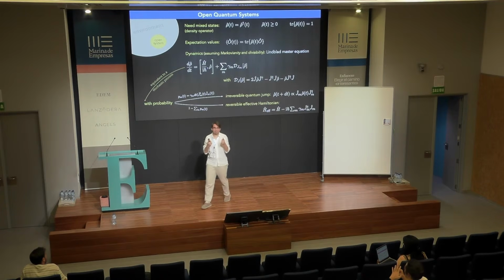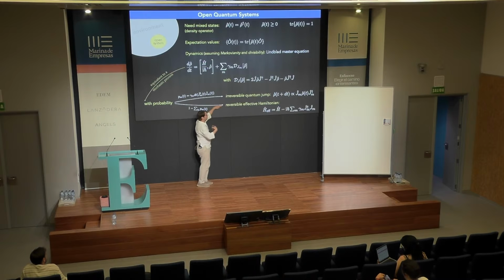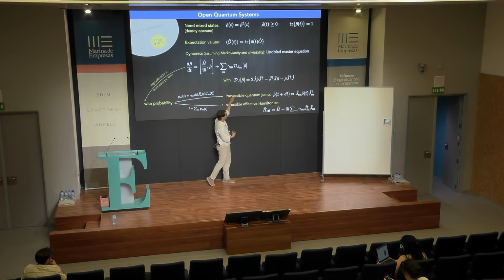But that's invertible, because I can always create the exponential of minus the Hamiltonian times dt divided by h bar. So with some probability happens an evolution that is reversible, and with some probability happens something that is irreversible.